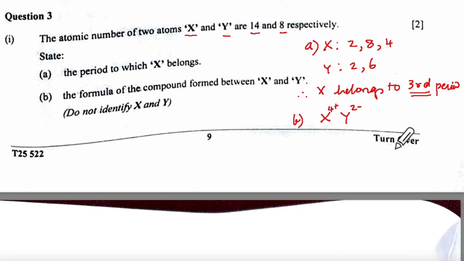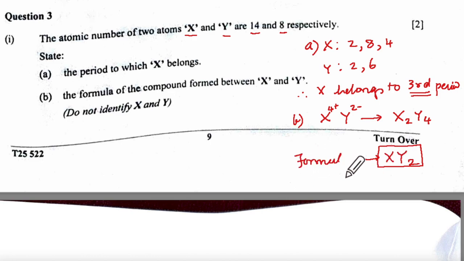So crisscross gives X2Y4, which means it is going to be XY2. This will be your answer. So write out your formula. Okay, and just write over here, this is the answer.